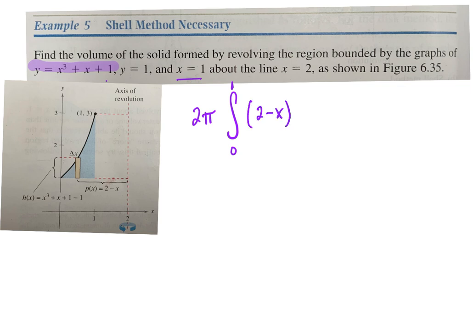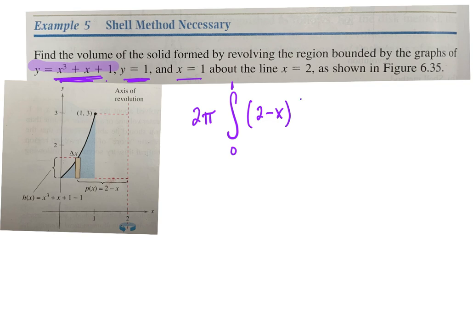All right, and now I technically have two functions that I have to consider. I have the function y equals 1, and I have the function y equals x squared plus x plus 1. All right, and so I have to consider between 0 and 1 which function is bigger. Well, y is always going to be 1 for the second function here. If I plug in any number between 0 and 1, any positive number, and add 1 to it, it's going to be bigger than 1.